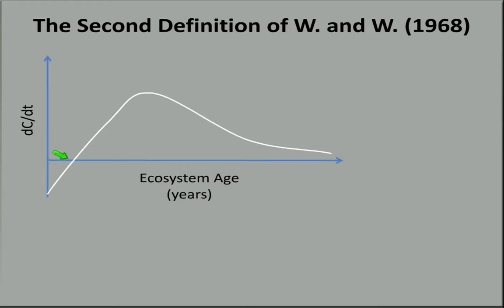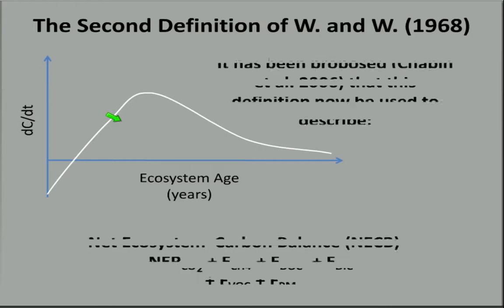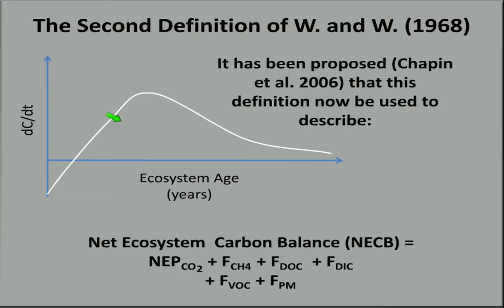And over time, plant growth will take up more and more carbon, and you'll cross the 0 point, and the ecosystem will go in a positive carbon balance. And at any one point in time along this graph right here, the dominant fluxes are photosynthesis and respiration. But as you integrate more and more time into this ecosystem, other fluxes become more important.